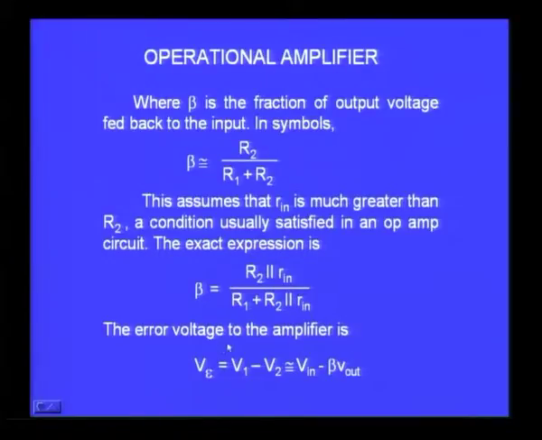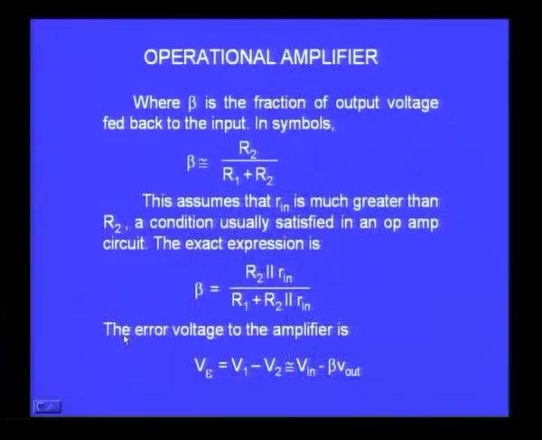So the error voltage to the amplifier, what I mean by error voltage is the difference in voltage between the input voltage and the feedback voltage, and which is the exact voltage which is applied across the input terminals of the operational amplifier circuit. So V epsilon, I call that V epsilon, is nothing but V1 minus V2.